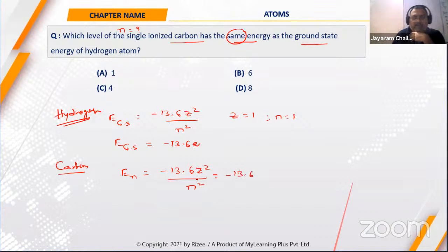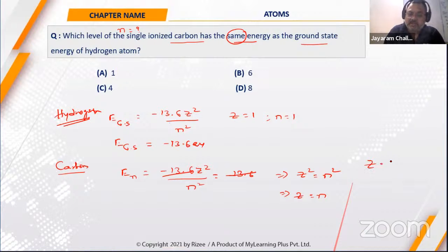So if I cancel these two things, your z square will be equal to n square, or z is equal to n. What is the z value for the carbon? We know that z value for the carbon is equal to 6. So n value is also 6. So this is the indication, sir.